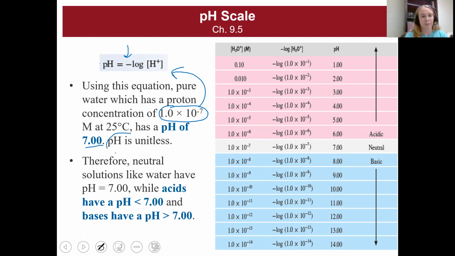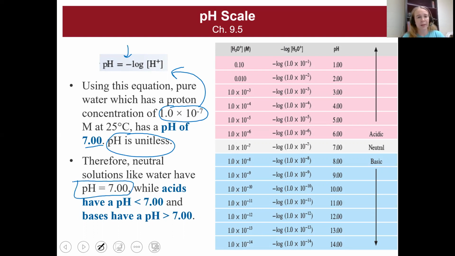Another note here: pH is unitless. There are no units on pH, which can be a good thing or a bad thing for your calculations, because sometimes units are great for helping you solve calculations, but I know you guys don't like to write them.